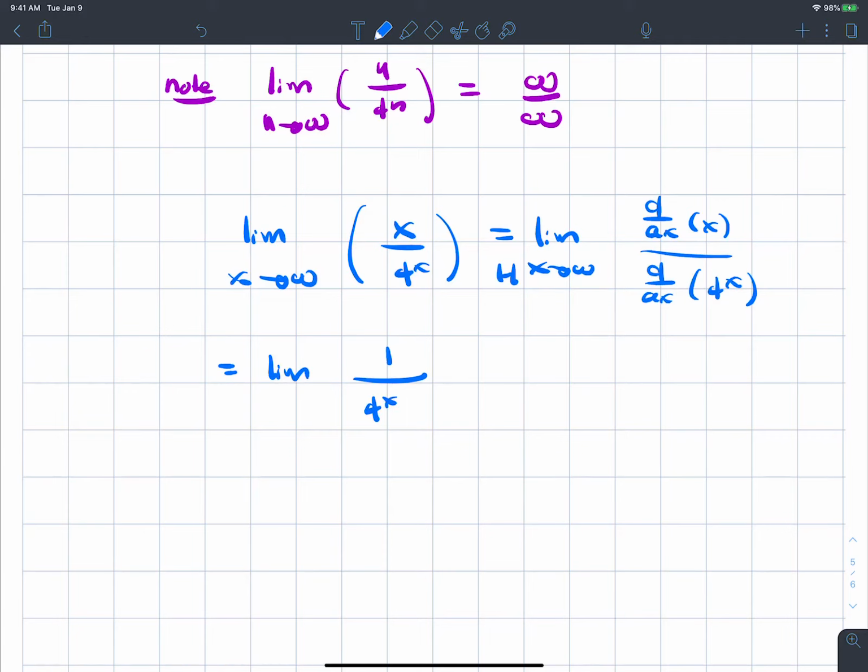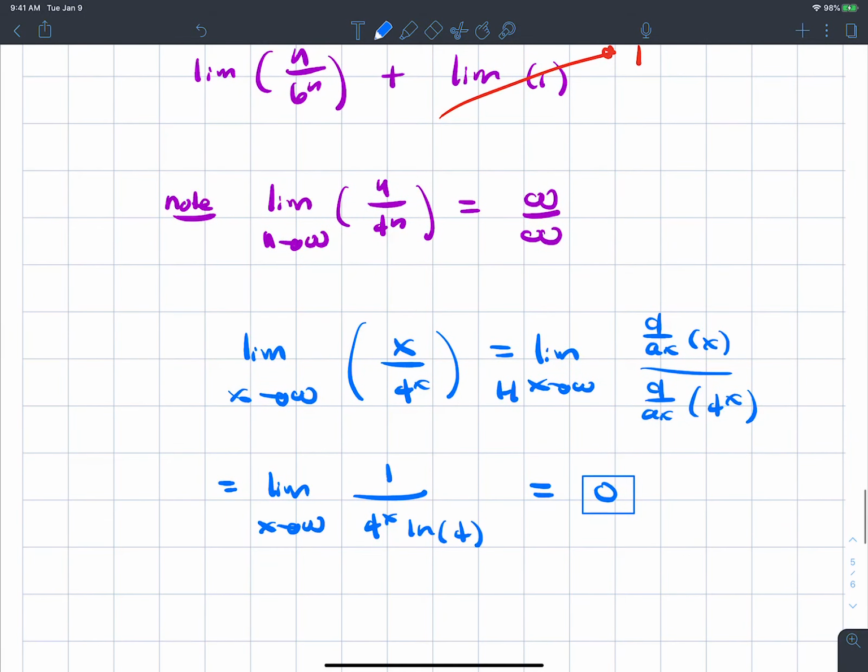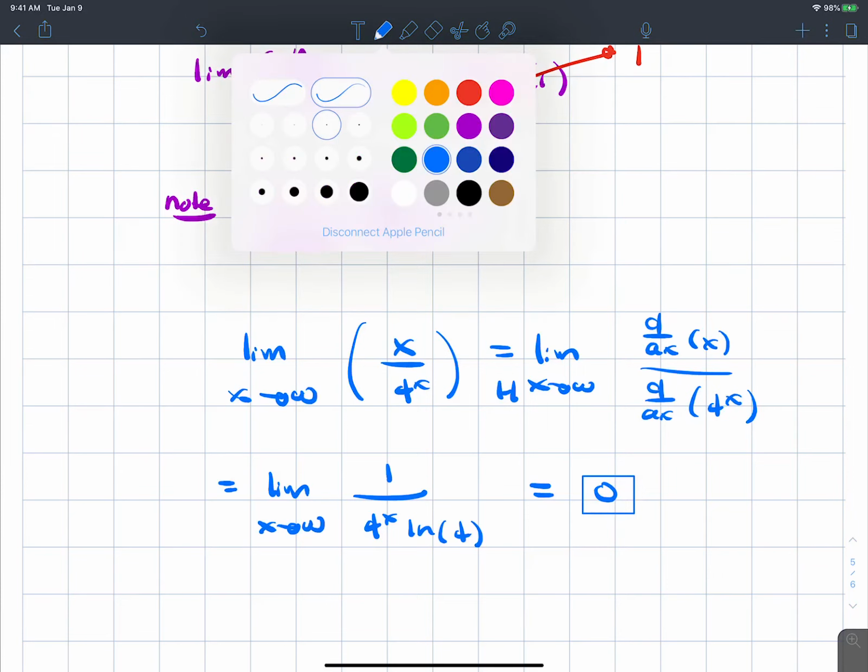Well, it's 4 to the x times the natural log of 4, and that's a constant. And this is as x gets big. The point I'm making is that this limit is actually 0.